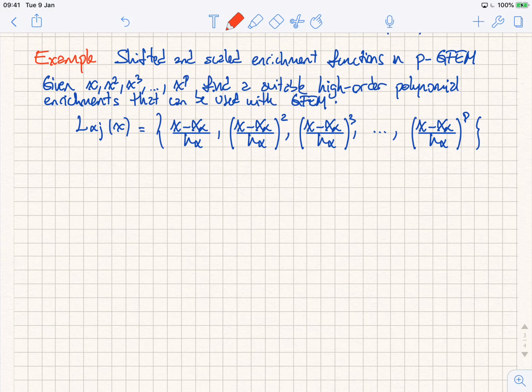You have Lagrange multipliers, you have the penalty method, you have Nitsche's method, and multiple point constraints. There are different ways to enforce Dirichlet boundary conditions when your enrichment functions are non-zero at those locations. But for the most part, Dirichlet boundary conditions need to be enforced in some weak sense. You cannot enforce them strongly. Okay.